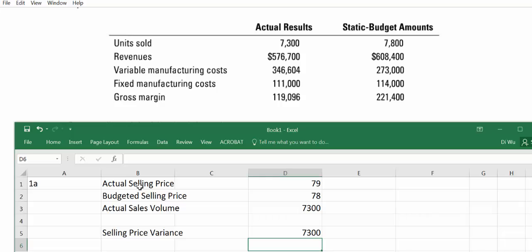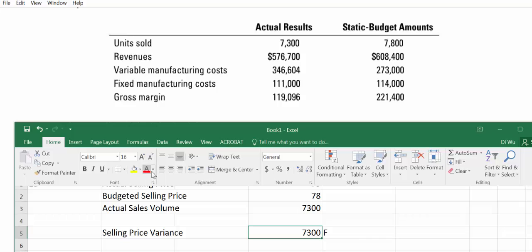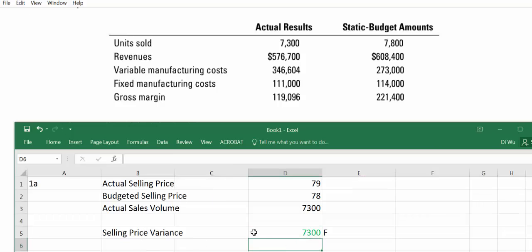Which means you underestimated the selling price. You will definitely be pleased if the actual selling price is higher, so the selling price variance becomes favorable. I'm going to put that in green. Green means favorable, and red means unfavorable. So that's 1A.